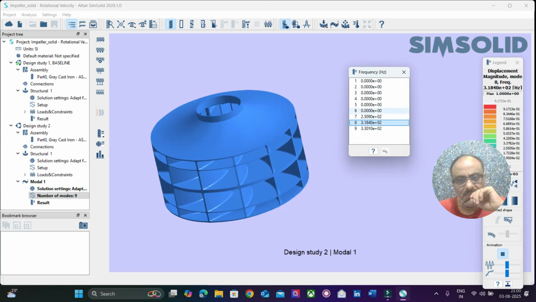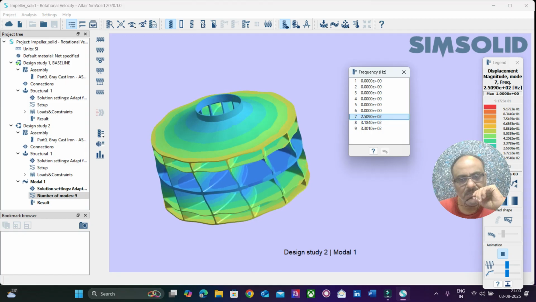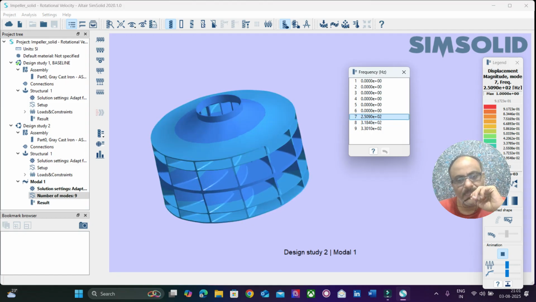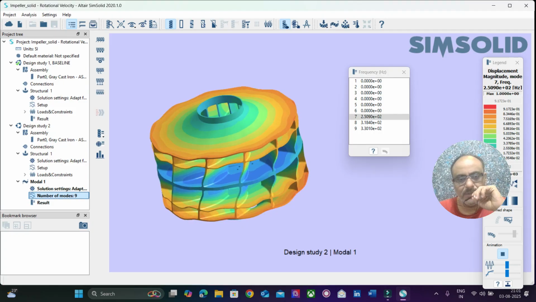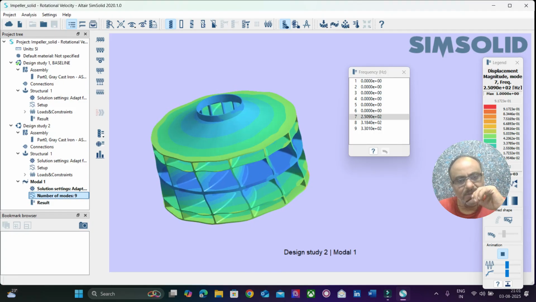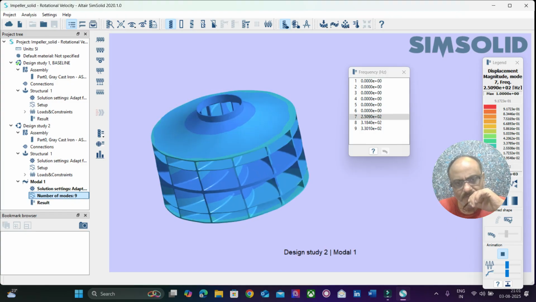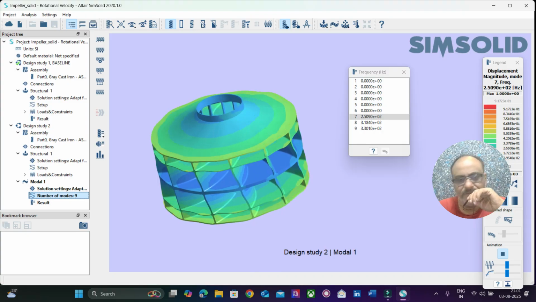That is the second frequency, N2, and then for N1 you have 250.9. So these are the 3 different possibilities of a vibration to occur, and these are the mode shapes, the vibrating shapes, how the impeller will respond to that particular frequency.